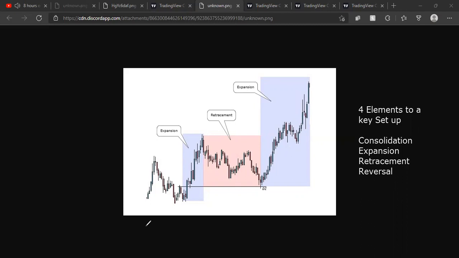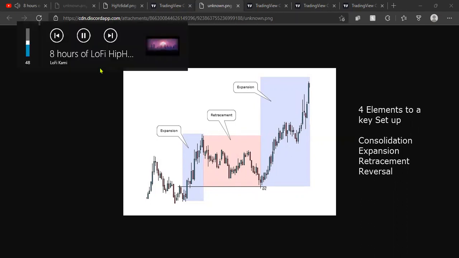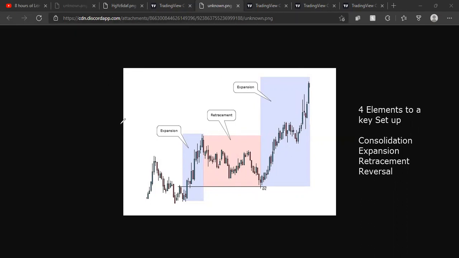Any trading strategy, any style, any technique, you can use that on any time frame that you are trading on. It doesn't matter the time frame. Structure will always be structure, right?